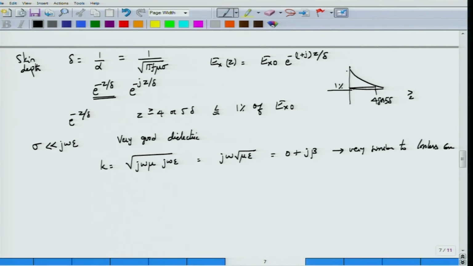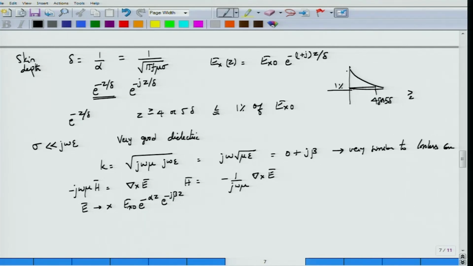Okay. It is also interesting to look at what would be the impedance eta, right. I already know from Faraday's law that minus j omega mu H will be equal to curl of electric field, right. So therefore H will be equal to minus 1 by j omega mu curl of E. If I assume that electric field E is along x, and it is going as e power minus alpha z e power minus j beta z with some initial amplitude Ex0, right.